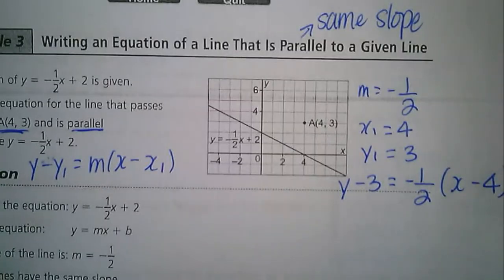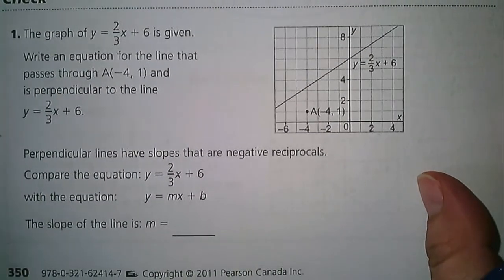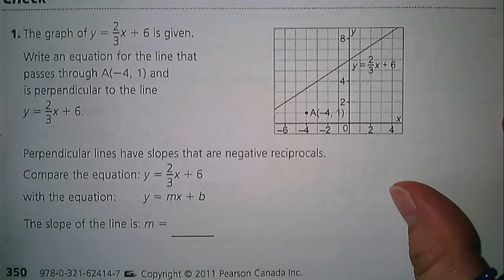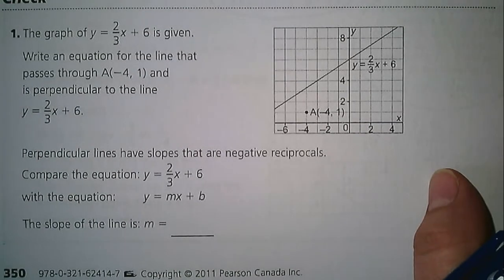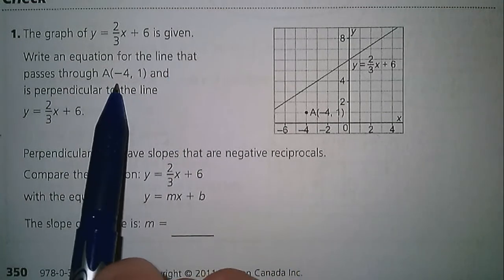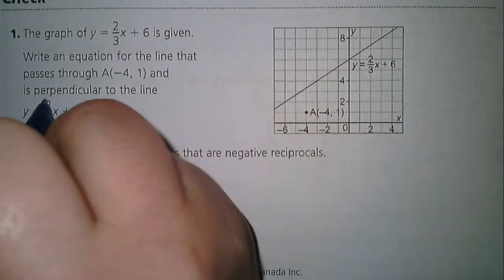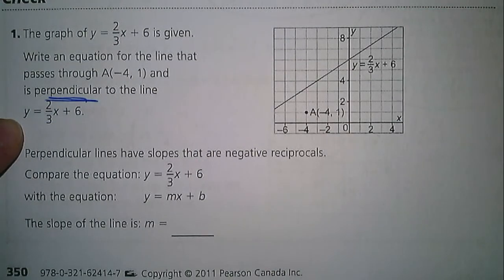All right, so there's a check question at the bottom. I'm going to do this one with you. So you can pause the video if you'd like, but I feel like some of you might need a little bit more help working through this one. So they've asked us to write an equation for a line that passes through this point. So remember, we're going to be using slope point form, but it's perpendicular to this equation.